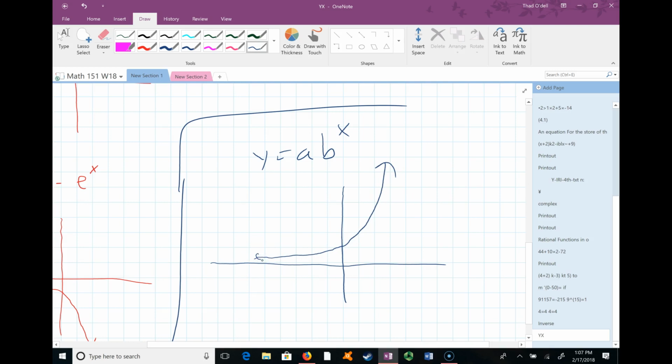And notice that in this case, the a would be like the stretch factor, right? So we know that if we plug in a 0 for x, then we get 1 for this. And so this point right here will always be a.